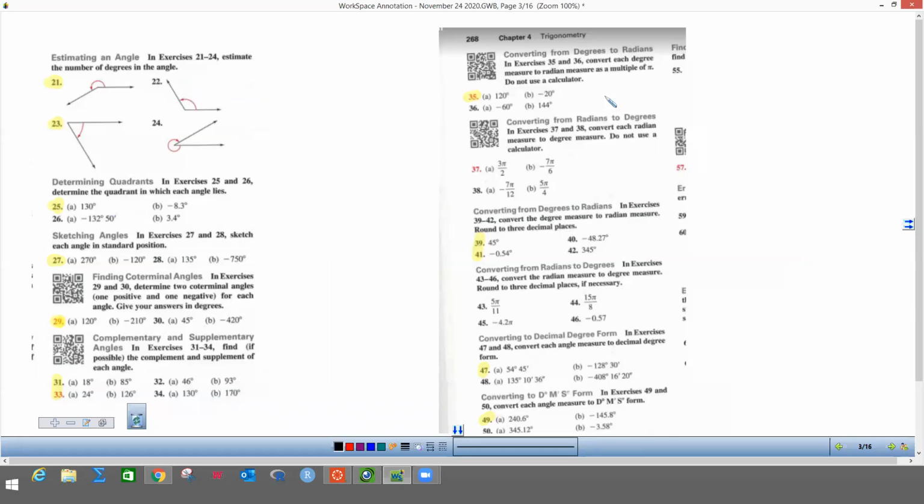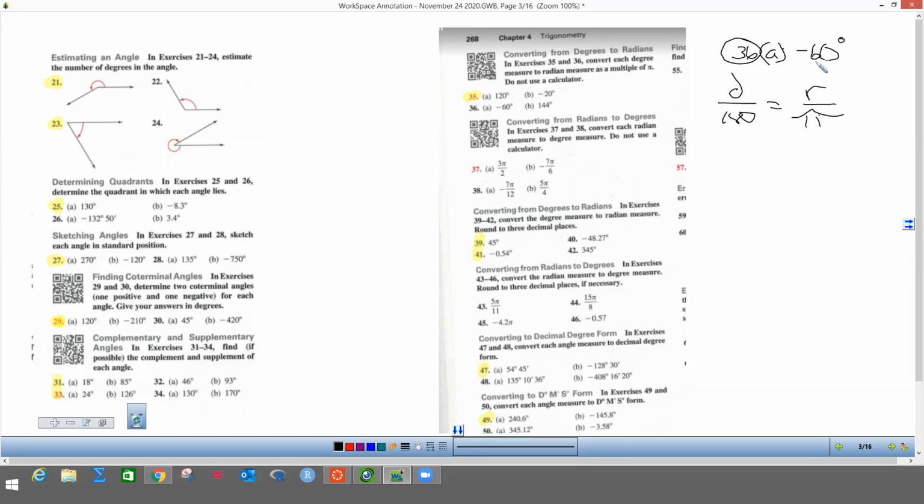So I'm going to erase all this stuff. I'm going to do number 36, which says A is negative 60 degrees. And we want to change that into radians. For you guys that got here late, I gave you a formula that degrees is to 180 as radians is to pi.